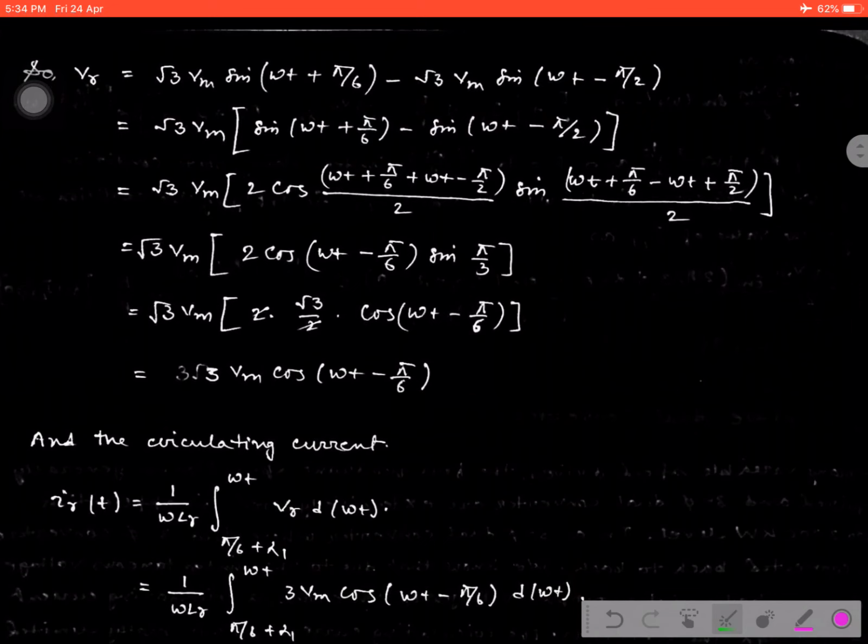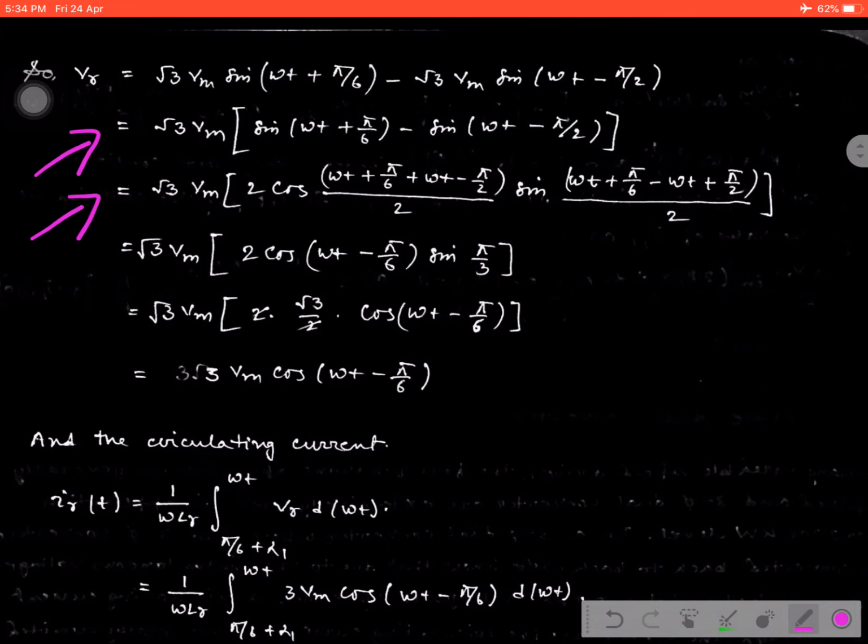For further calculation, VR equals VAB minus VBC, where we have put in the values of VAB and VBC. After simplification we get root 3 Vm [sin(omega t plus pi by 6) minus sin(omega t minus pi by 2)]. It's a simple trigonometric identity: sin A minus sin B equals 2 cos((A plus B)/2) sin((A minus B)/2).